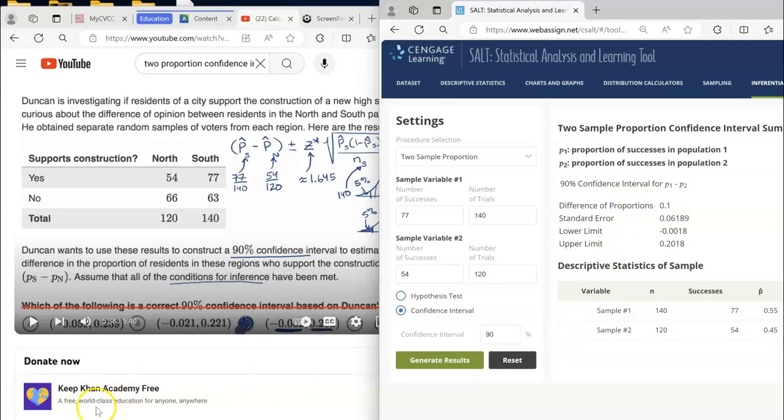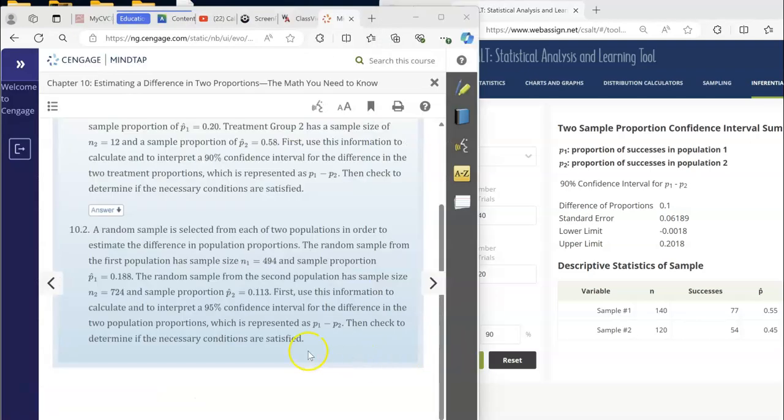So let's do one from our WebAssign homework. So here's an example from our textbook. A random sample is selected from each of two populations in order to estimate the difference in two population proportions. The random sample from the first population has a sample size of n1 equals 494, and a sample proportion of p1 is equal to 0.188.